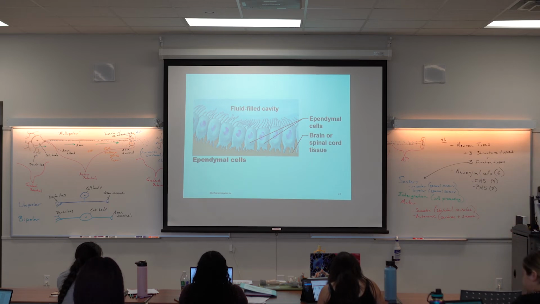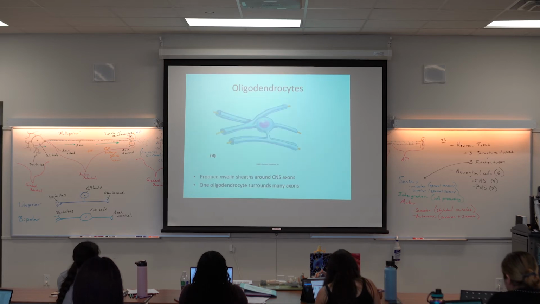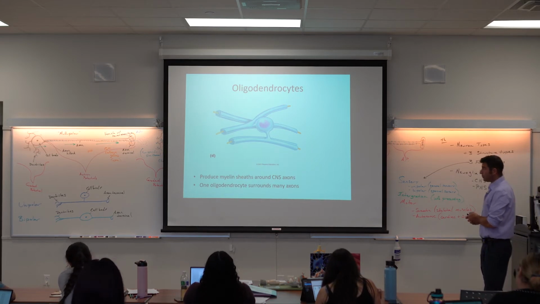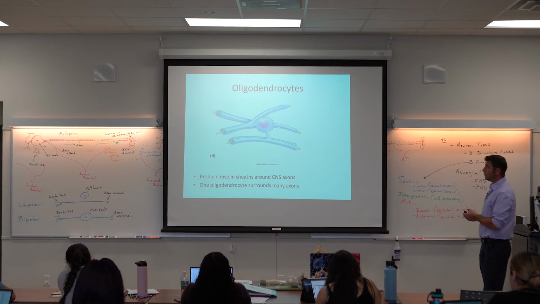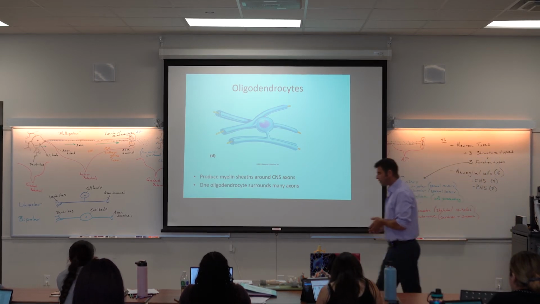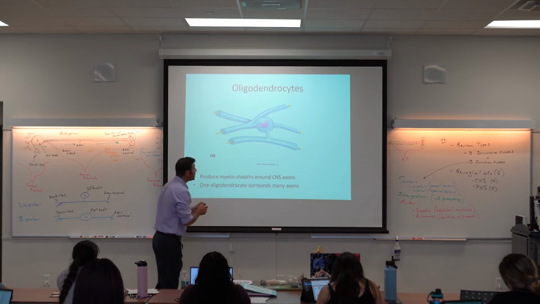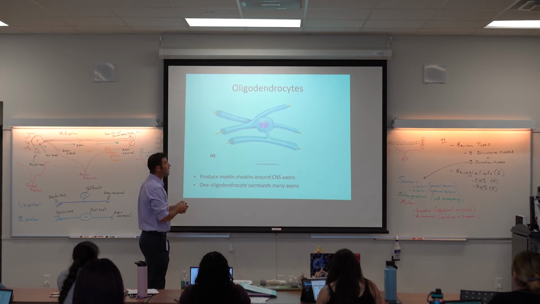All right. No problem. So that's 3 of those neuroglial cells of the central nervous system. The 4th and final one is called an oligodendrocyte. Oligo just means few, and the dendrocyte, the other part of this cell, describes that we've got one cell right here that is producing multiple sheets of myelin.